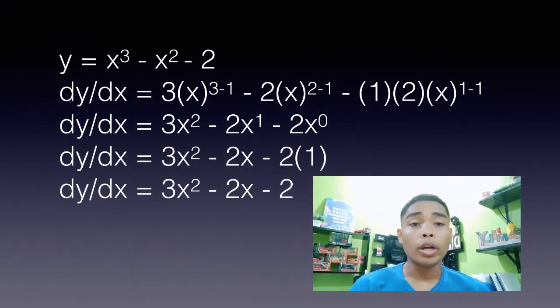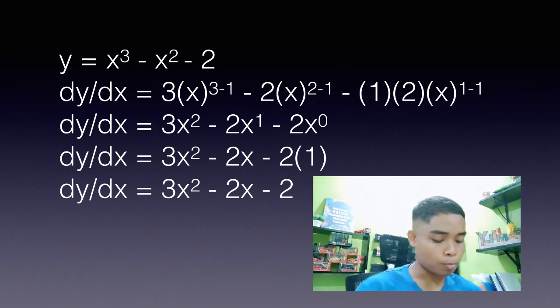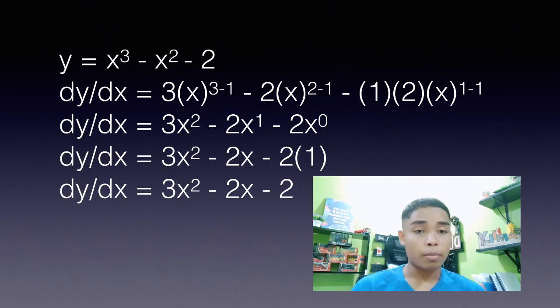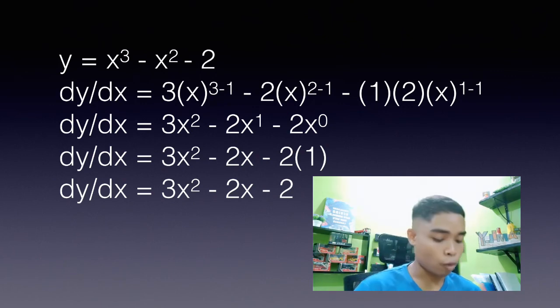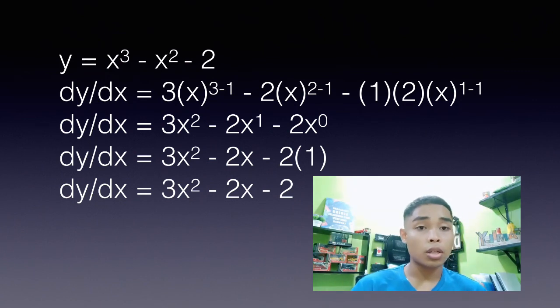Okay. y equals x power of 3 minus x power of 2 minus 2x. dy over dx equals 3 in bracket x power of 3 minus 1, minus 2 in bracket x power of 2 minus 1, minus 1 in bracket 2x power of 1 minus 1. So dy over dx equals 3x power of 2 minus 2x power of 1 minus 2x power of 0. dy over dx equals 3x power of 2 minus 2x minus 2 in bracket 1.